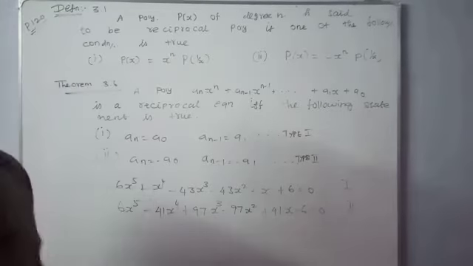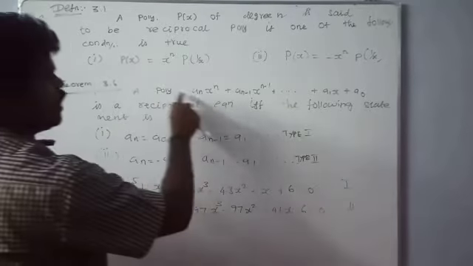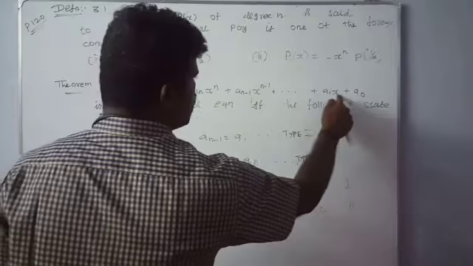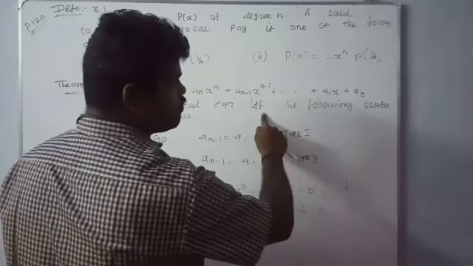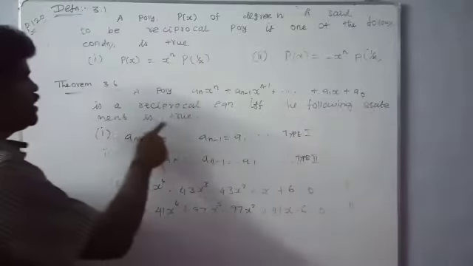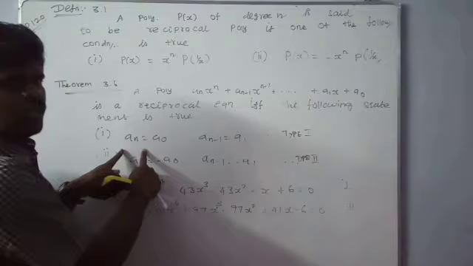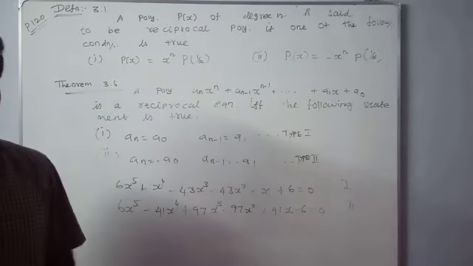This is theorem 3.6. A polynomial a n x power n plus a n minus 1 x power n minus 1 plus and so on, a1 x plus a0, is a reciprocal equation if and only if the following statement is true. If an equation is a reciprocal equation, how do we know that?